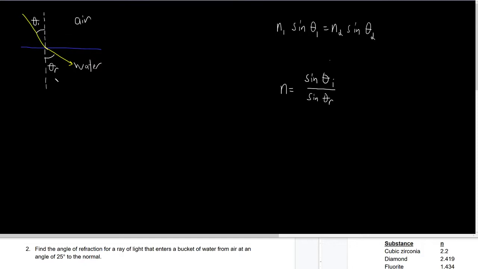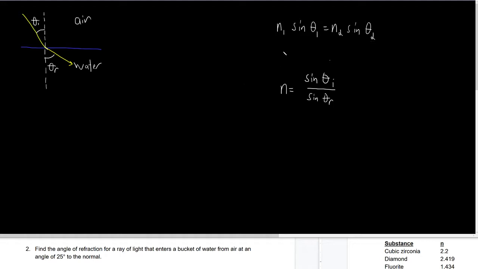The equation we're going to use for the most part is traditionally n1, the index of refraction of substance 1, times the sine of angle 1, the angle the wave is moving at in substance 1, is equal to n2, the index of refraction for substance 2, times the sine of the angle moving in substance 2.